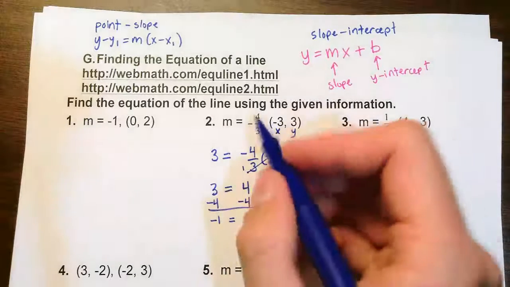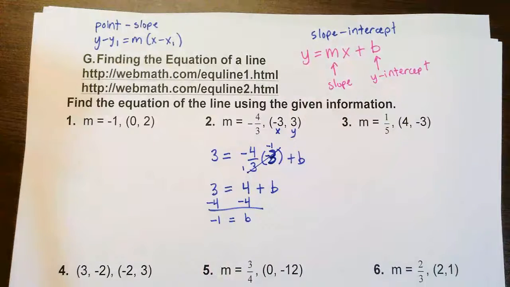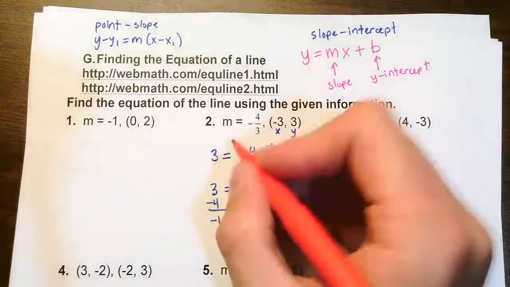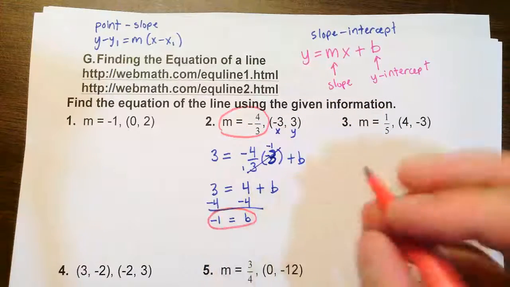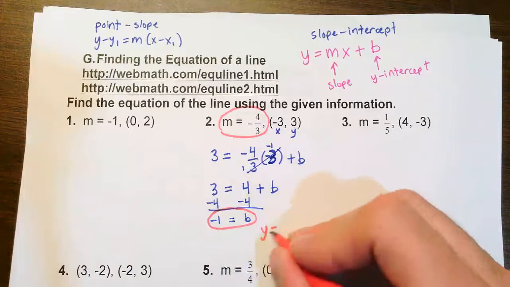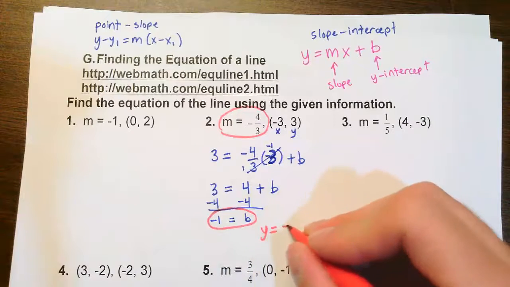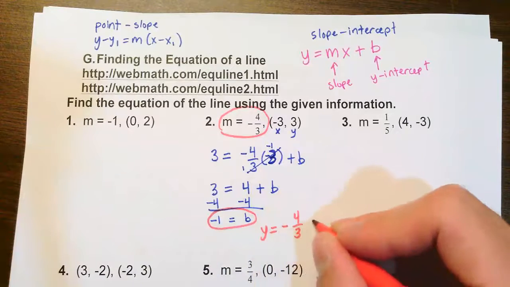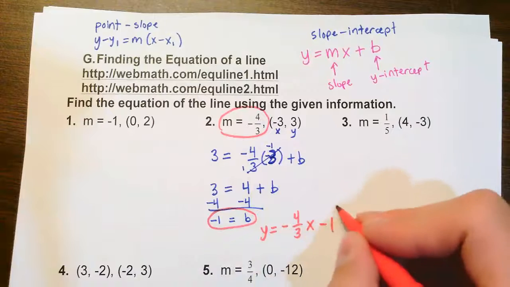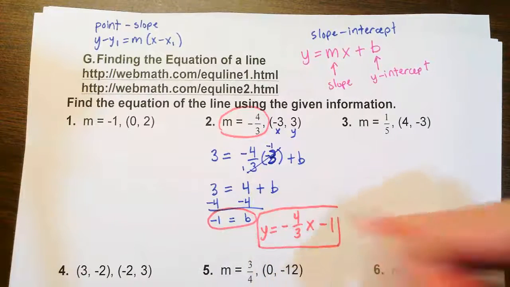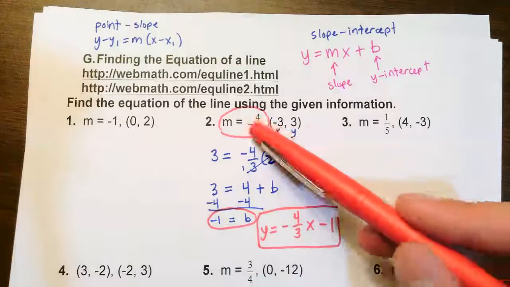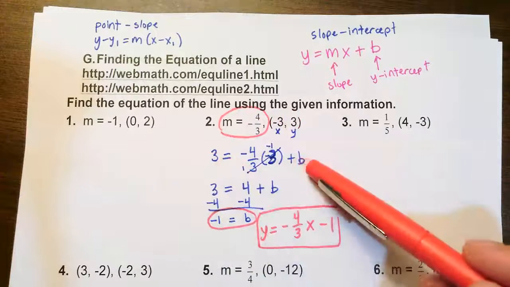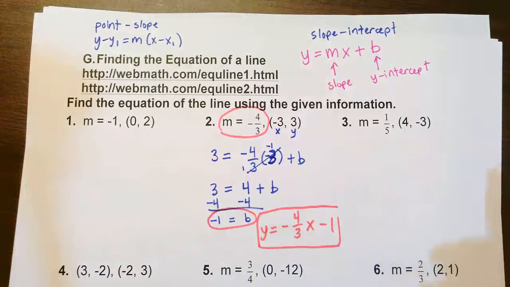So that gives me my slope and my intercept that I can use to write the equation of this line. I'll use the slope that I was given and the y-intercept. And so the equation of my line will be y equals -4/3 x minus 1. And that's the equation of my line. So that's using the slope and the point to solve for the y-intercept and then writing the equation.